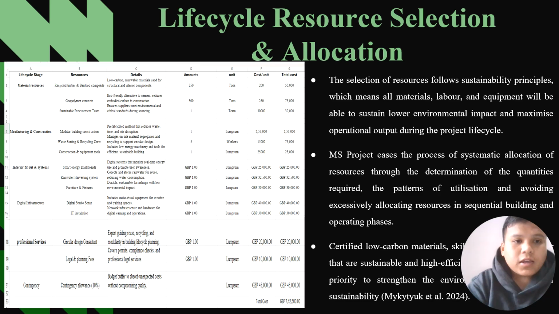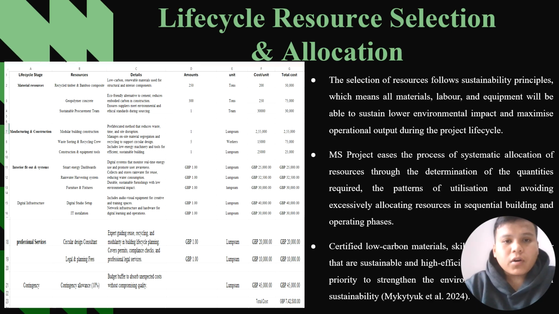We have used material resources of 250, in tons, with a cost of 200 per ton, so altogether it takes 50,000. By calculating all these material resources, we get a total of around 742,500 pounds.